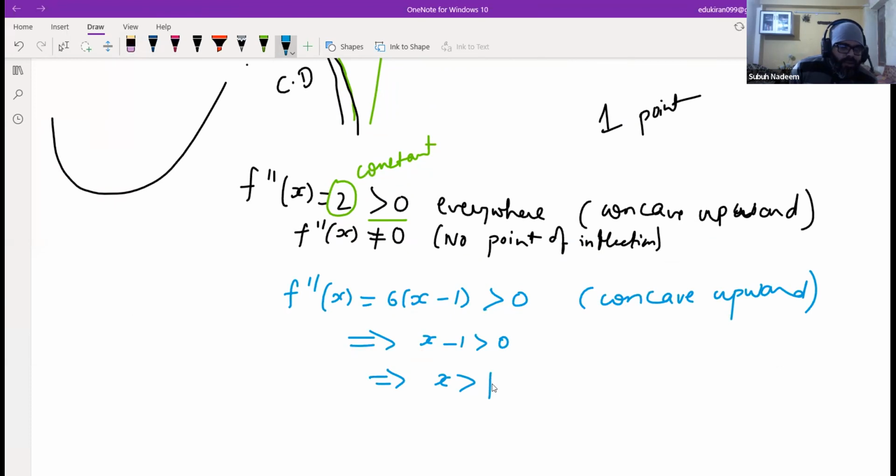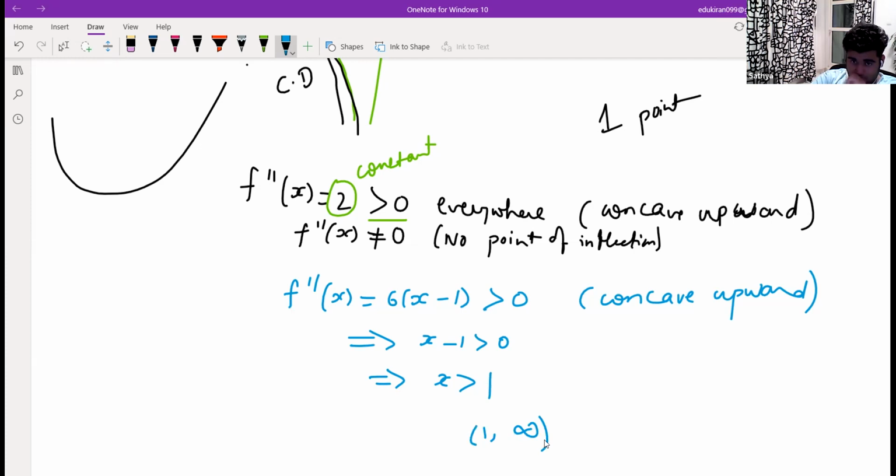Is it okay? Yes, sir. So you will say from 1 to infinity. Is there any such option? That is x greater than 1. Yes, you can say x greater than 1.